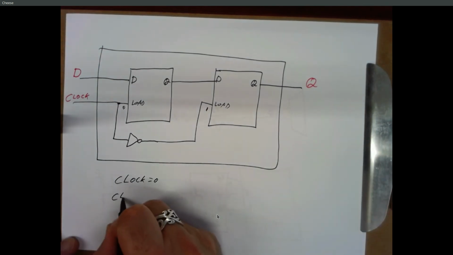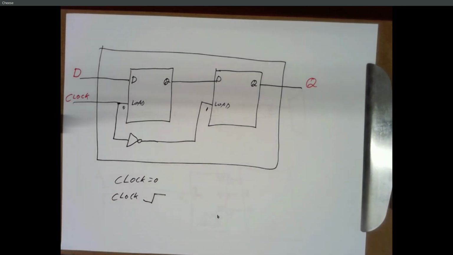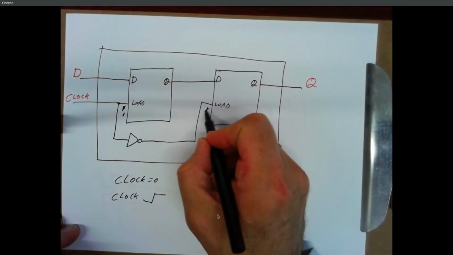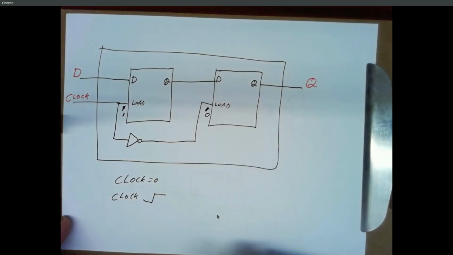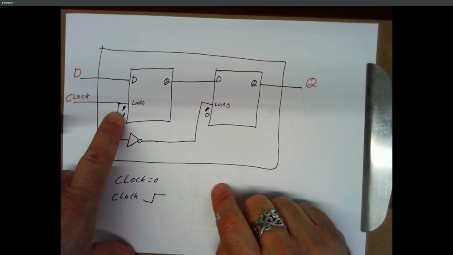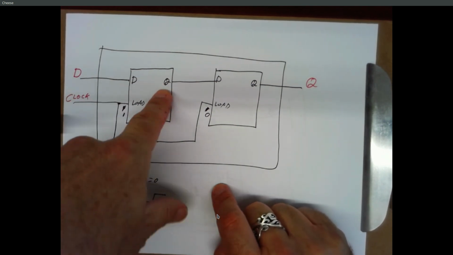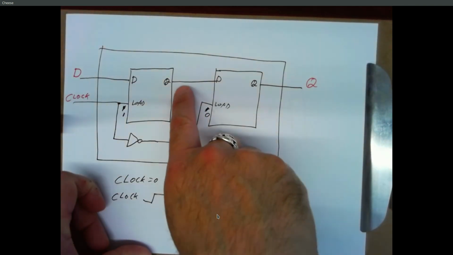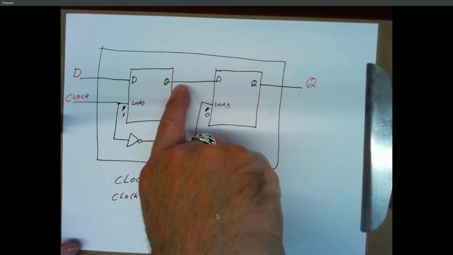Okay, now suppose our clock changes to a 1. This is going to become a 1. This is going to become a 0. Well, when this rises from a 0 to a 1, now you've got a 1 going into the load. Whatever the D input is here, that's going to come into this latch. That's going to appear on Q. So now this output is changing. Whatever D does, we see on this internal Q output.